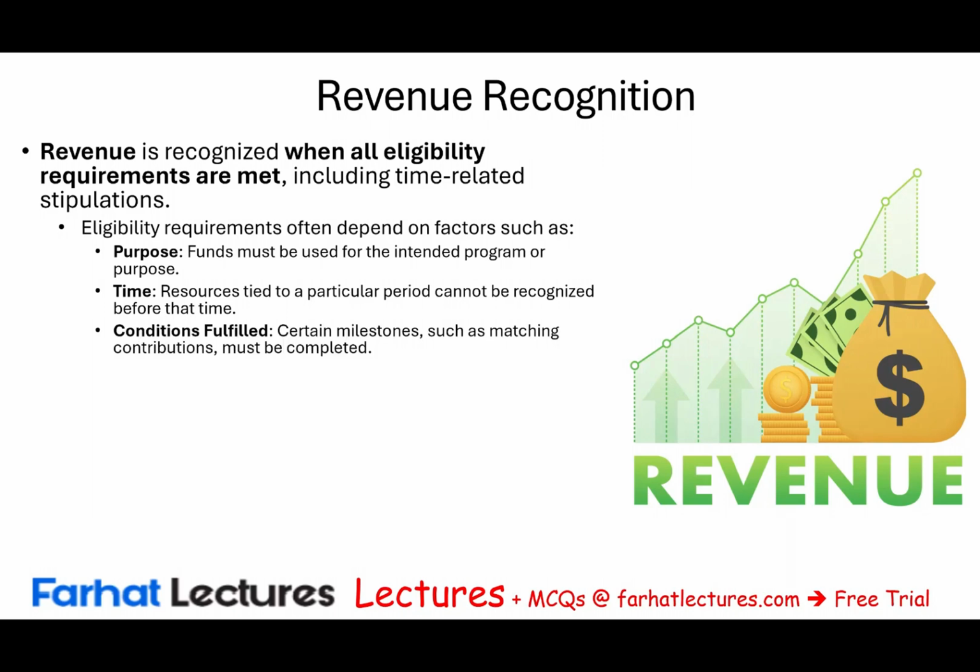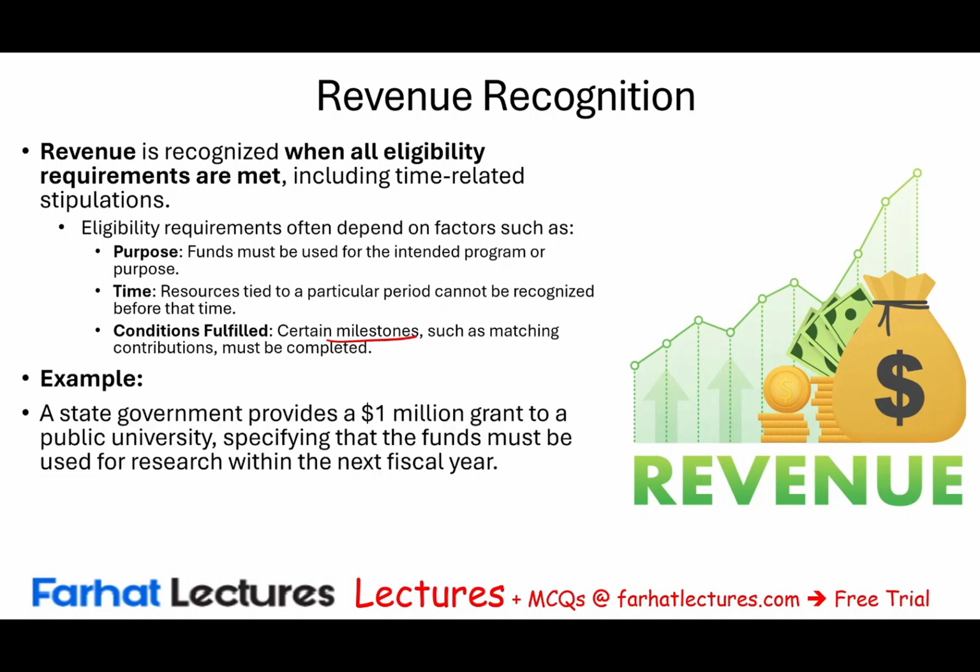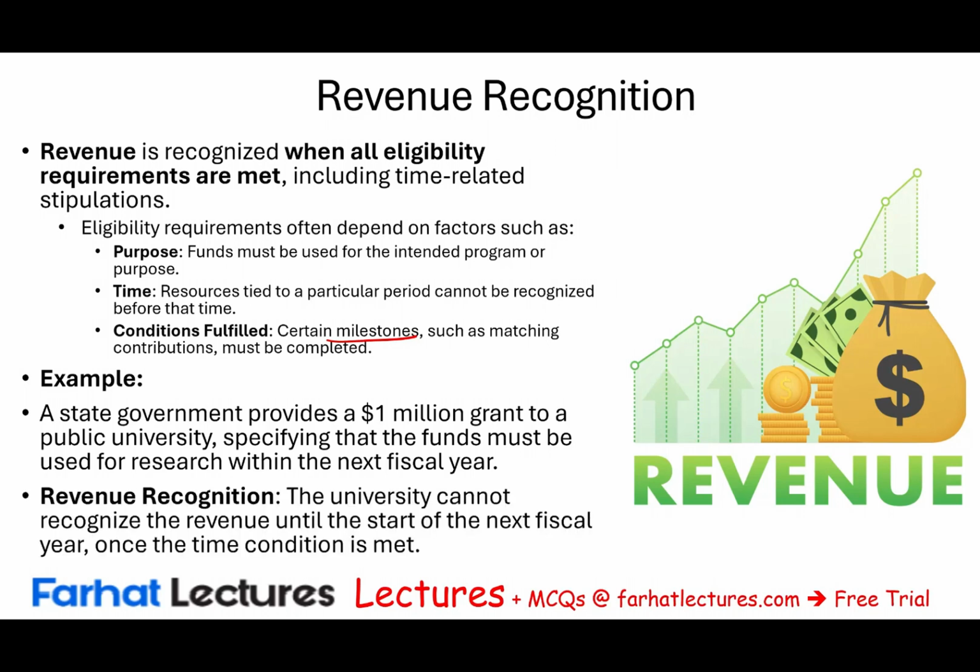For example, sometimes you have to reach a certain milestone, such as a matching contribution. For example, a state government provides a $1 million grant to a public university, specifying that the funds must be used for research within the next fiscal year. So the university cannot recognize the revenue until they start the research next year. Then the time condition is met.